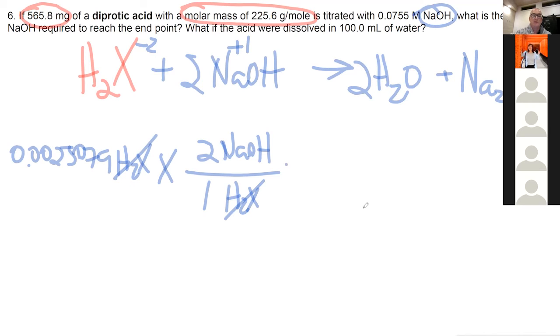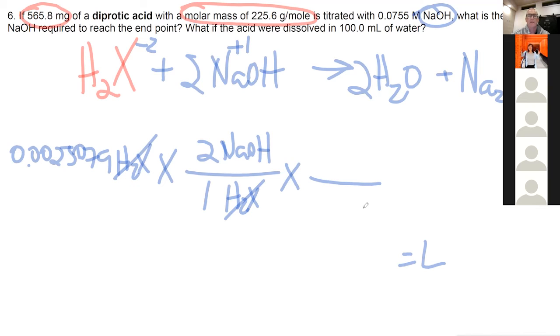So what do I do with that to get me a volume? Use the molar concentration. And remember, I want to get an answer in a volume, so I want liters at the end. What do I put on the top?